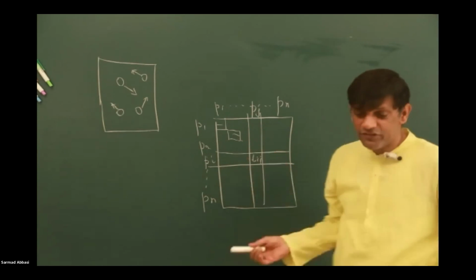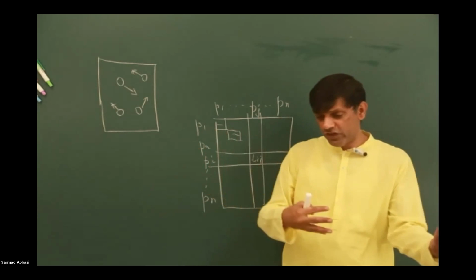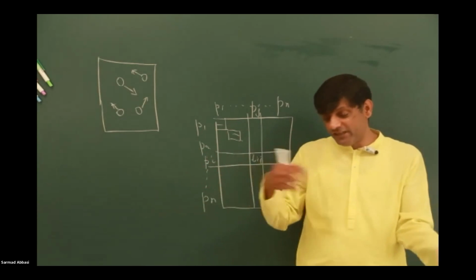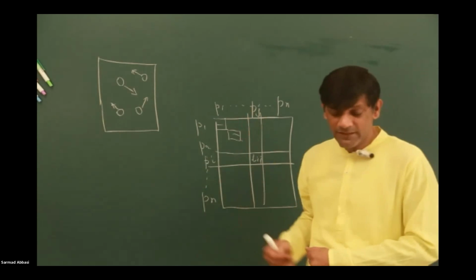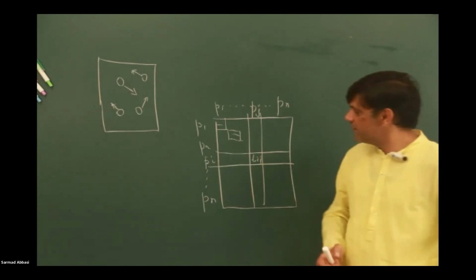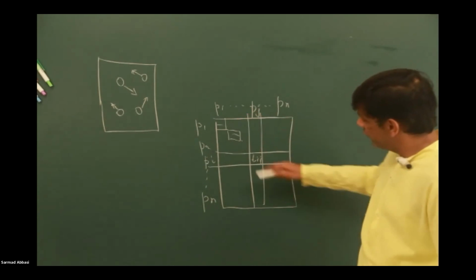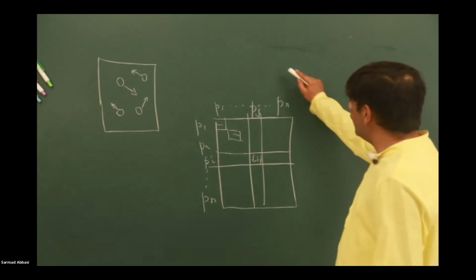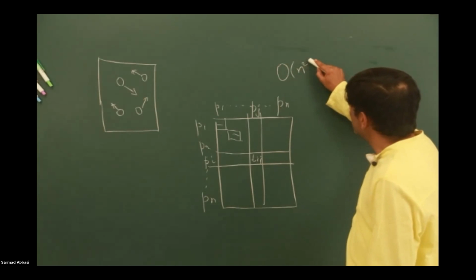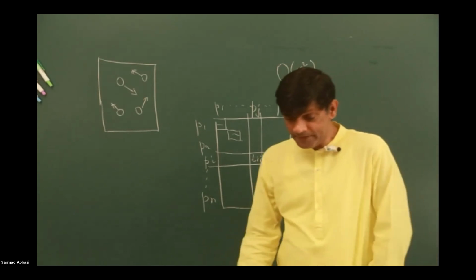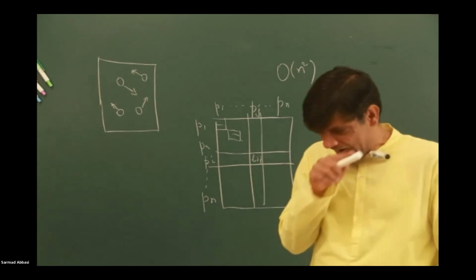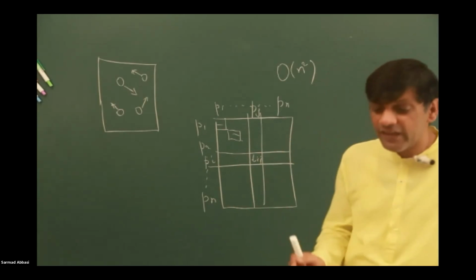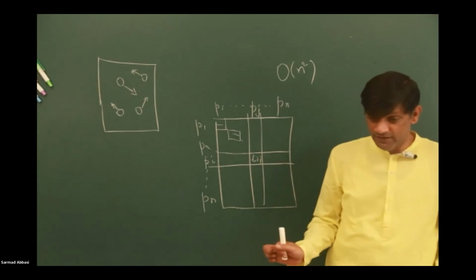This is a symmetric matrix, because if i collides with j at time Dij, then j collides with i at time Dij also. So you need to store only a part of it, but that's beside the point. This is order n squared calculations.